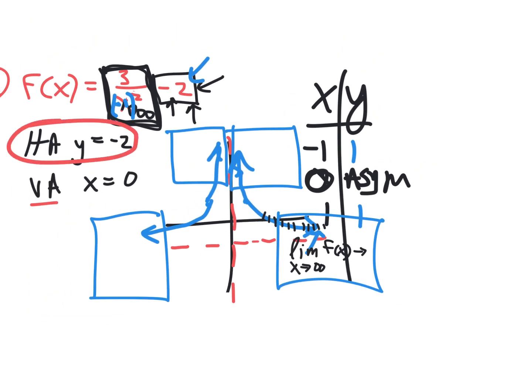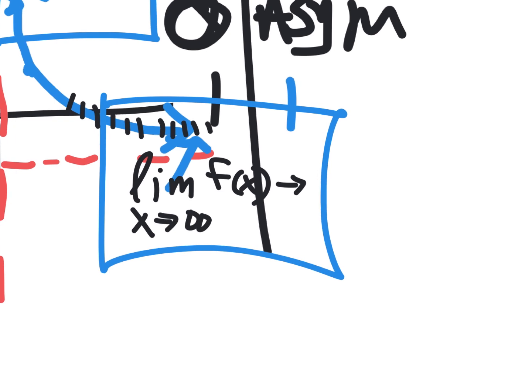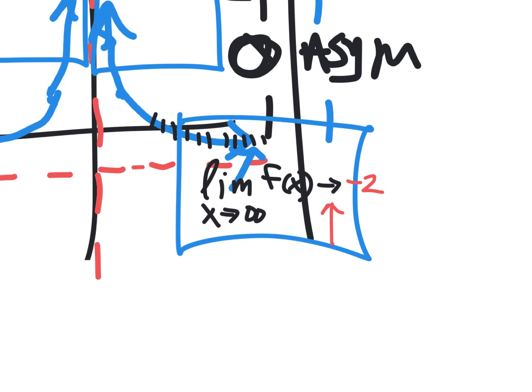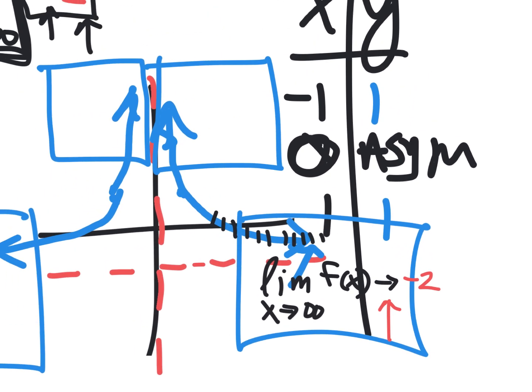So it's getting really close to -2. And since it won't actually touch it, we don't need to say equals. We can just say an arrow there. I would also accept an equals. You just never want to say equals infinity, because you can't be at infinity.